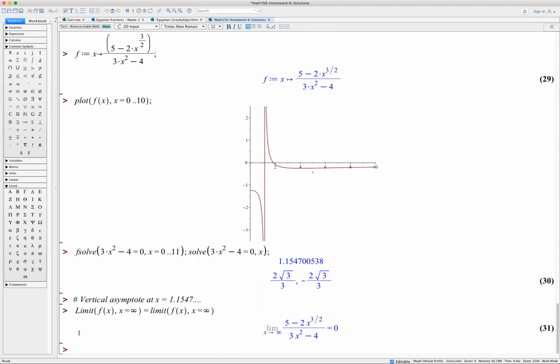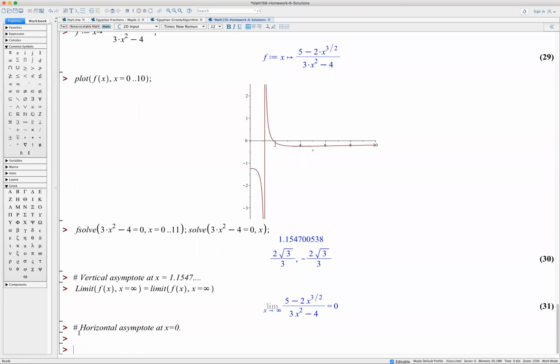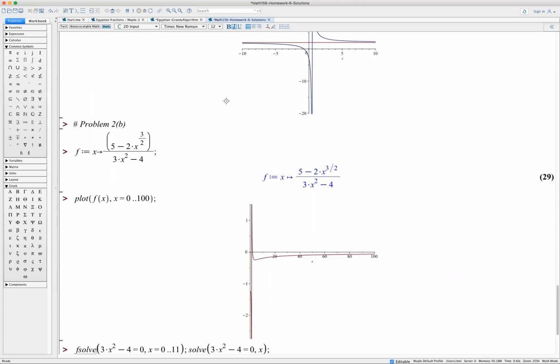So we have a horizontal asymptote at y equals 0. If we go out further, you can see that a little bit more clearly. Suppose we go out to 100. Yeah, the thing is going up, it's approaching 0. Go out to 1,000. Yeah, getting close.